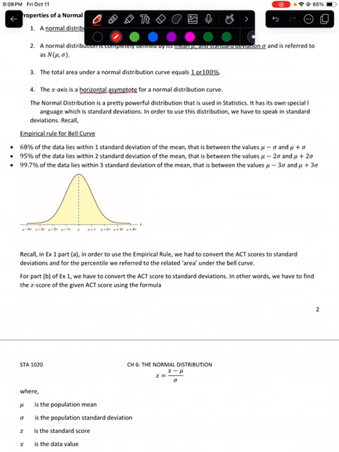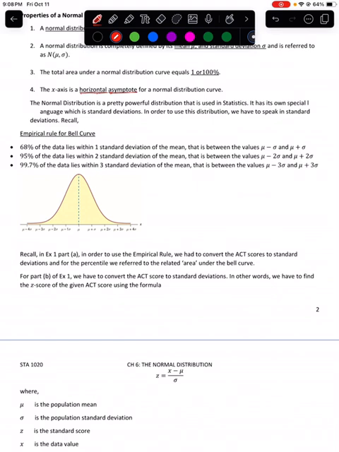The normal distribution is a pretty powerful distribution used in statistics, and it has its own special language. What is that special language? The language of standard deviation. It talks only in standard deviation.